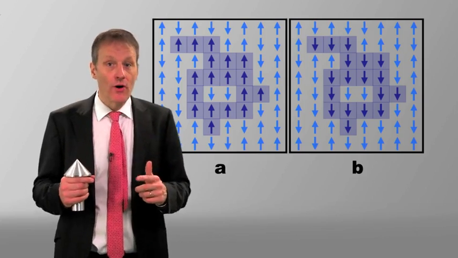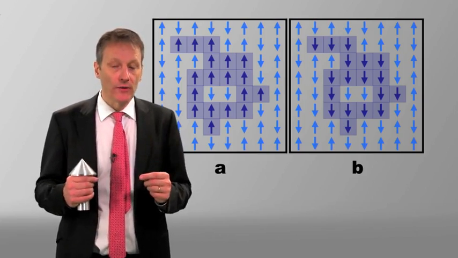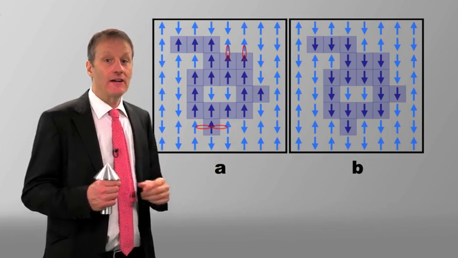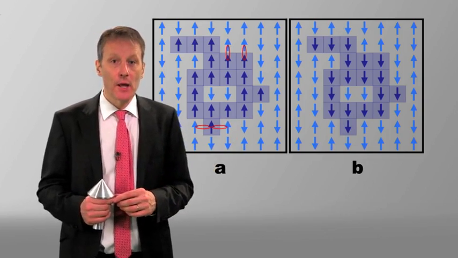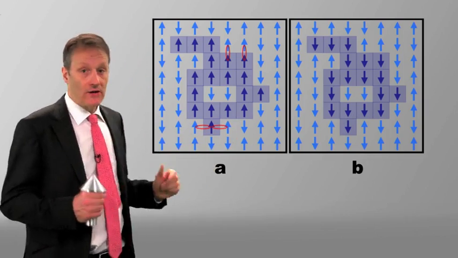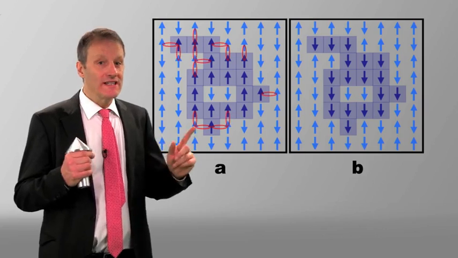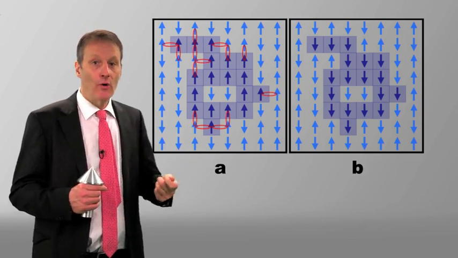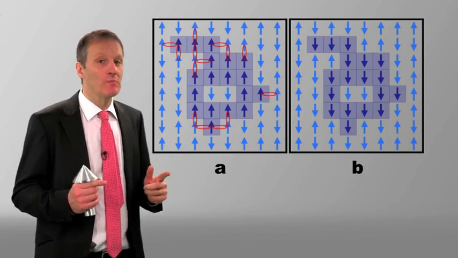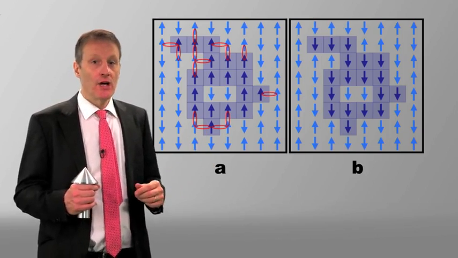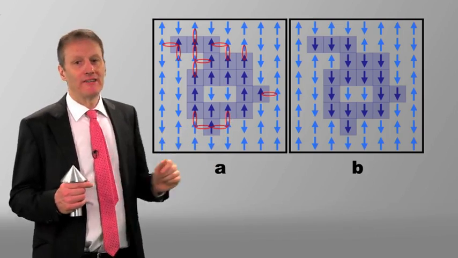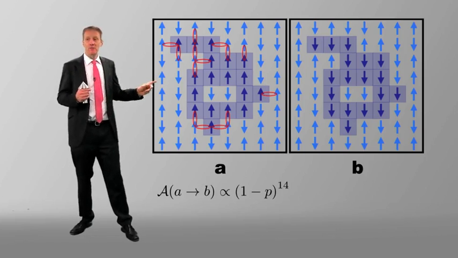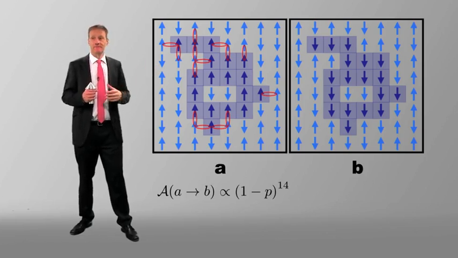And the construction of this cluster came to a halt because none of the edges across the cluster was accepted. Precisely, in this cluster A, there are 14 edges plus plus. And the extension was rejected with a probability 1 minus p for each of them. So the a priori probability from A to B is proportional to (1 minus p) to the power of 14.